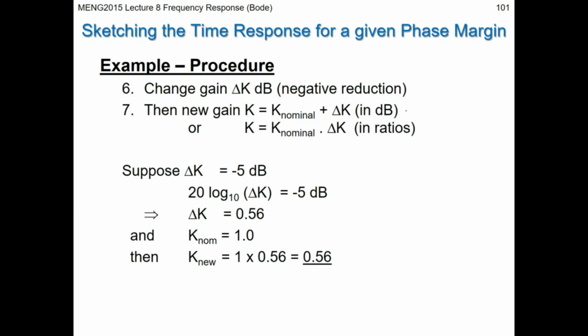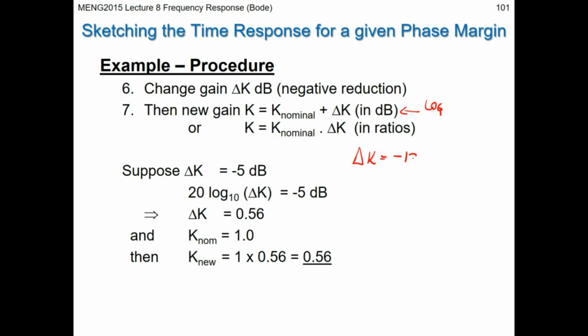But of course, because this is a logarithmic scale, in normal ratio terms that addition becomes a multiplier because of log characteristics. So our gain is our nominal gain times our delta K in ratio. So we have to find what delta K is in ratio terms.